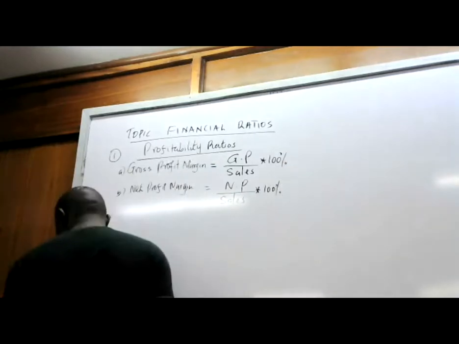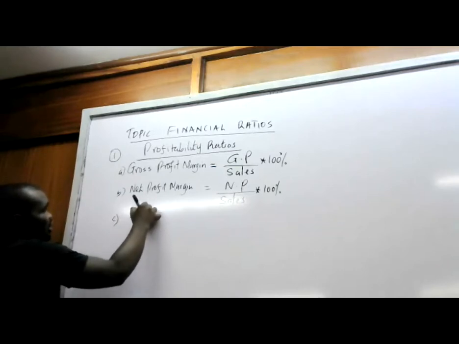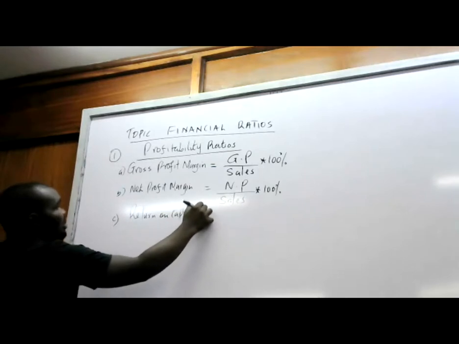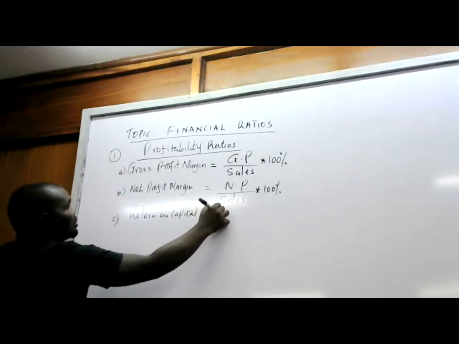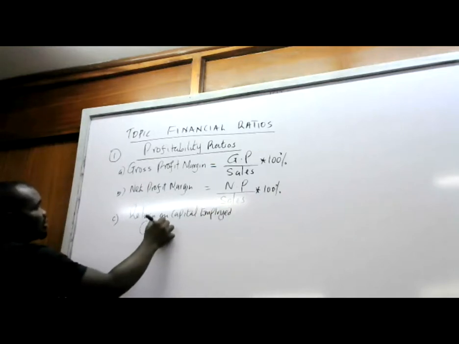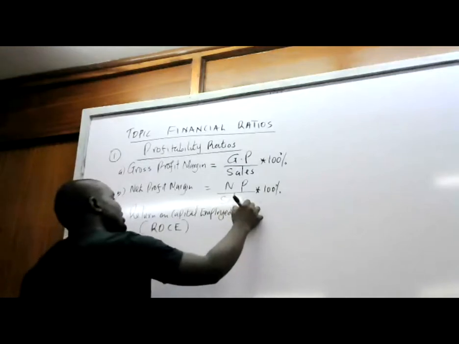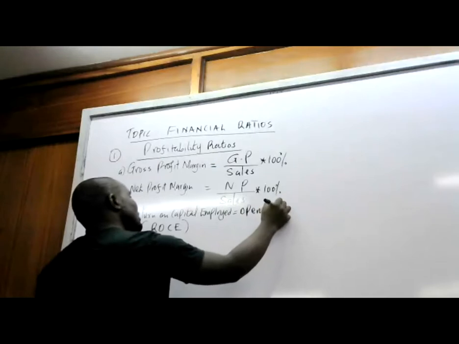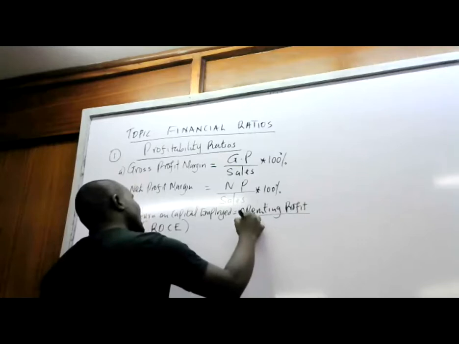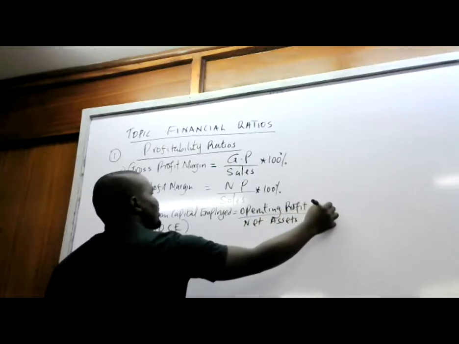Another one, number 3, is return on capital employed, ROCE. You take operating profit, divide by the net assets, then multiply by 100%.